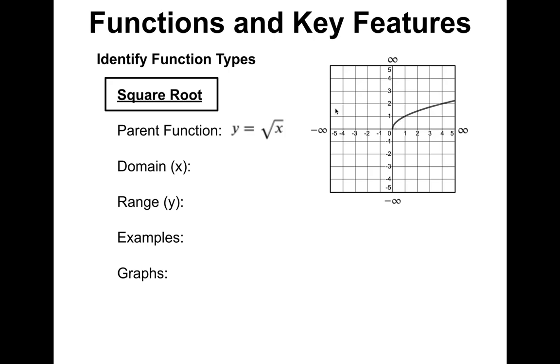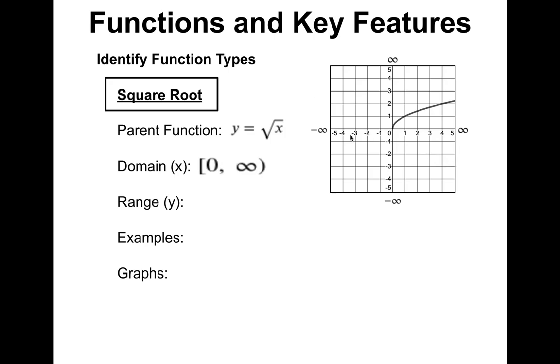And that is because squaring that we have in a quadratic and square root that we have here, those are opposite operations. If you've ever typed in your calculator the square root of a negative number, it gives you an error. That's why we don't see the full U shape here for square root, because those are errors and they actually result in imaginary numbers.